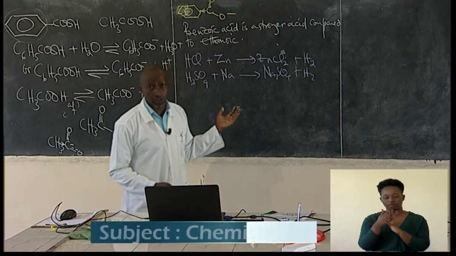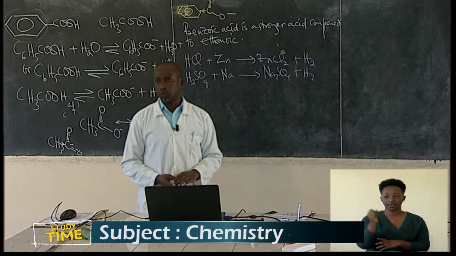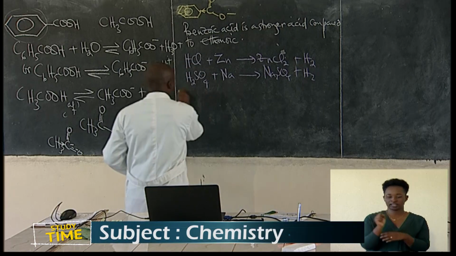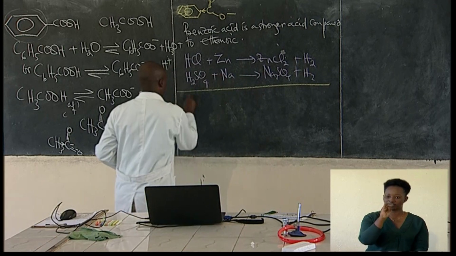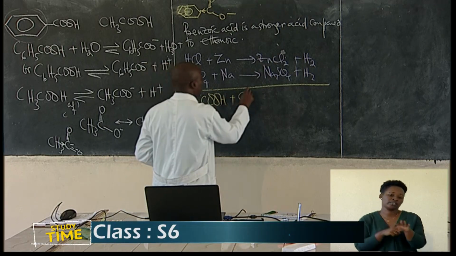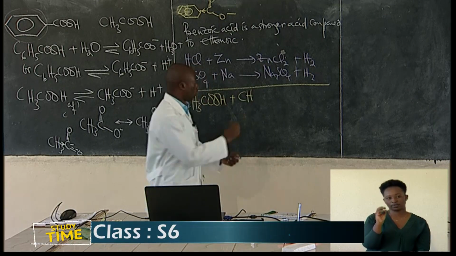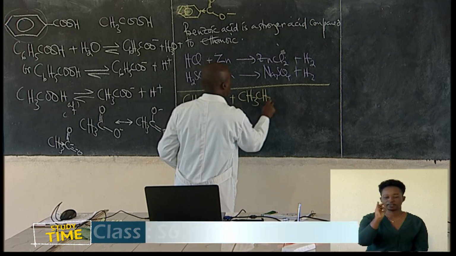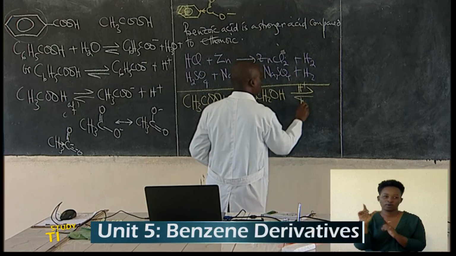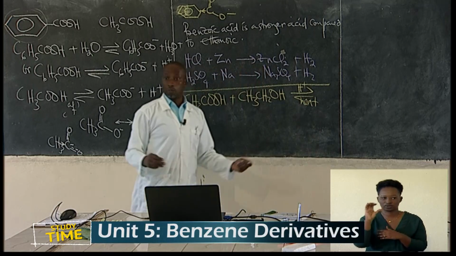The esterification, this is not the first time that we look at esterification, remember, with aliphatic carboxylic acids. For example, if you have ethanoic acid and react it with an alcohol, CH3CH2OH, in the presence of acid and heat, you remember talking about this reaction.